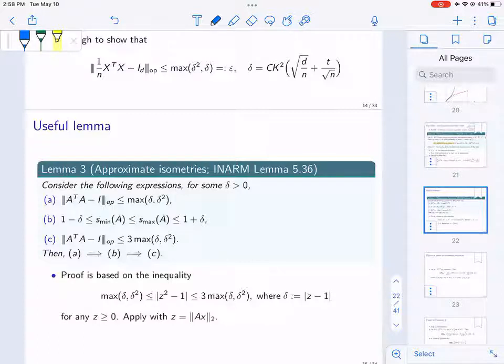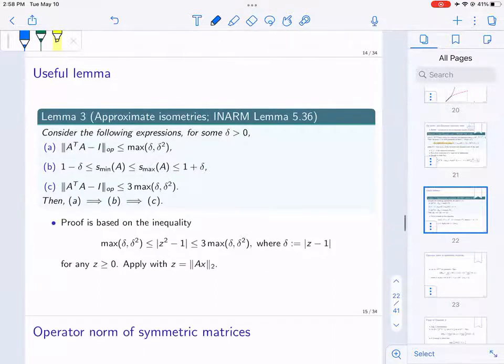So this type of result is very close to that type of result, up to a constant. If you want to show that the singular values of A are sandwiched between 1 minus delta and 1 plus delta, it's enough to show that, for example, this holds. The way this is proved is basically a very simple elementary identity.